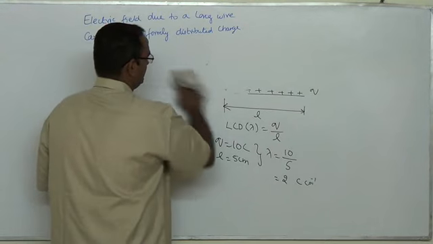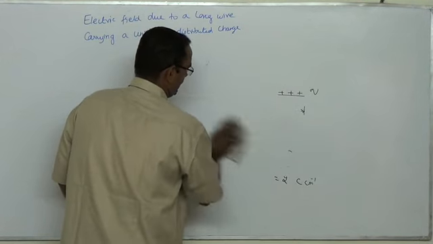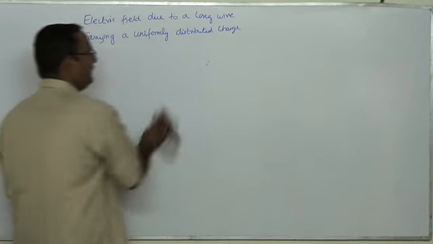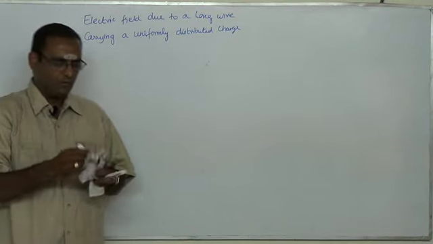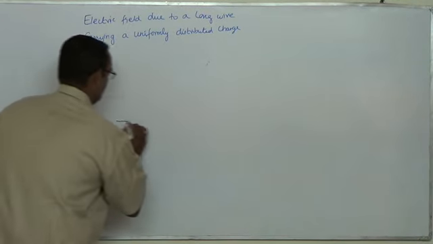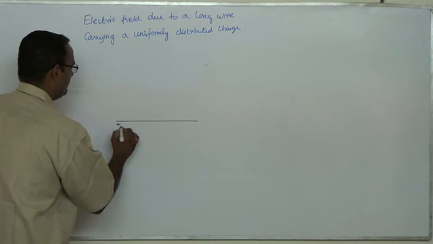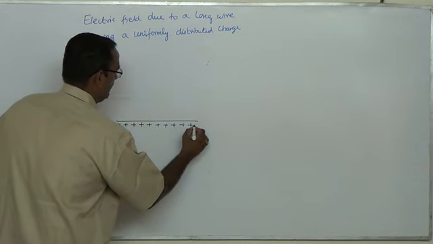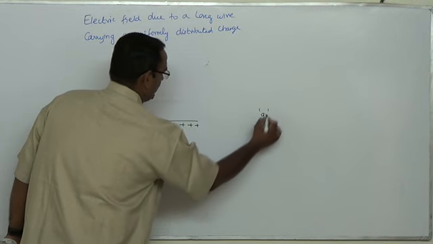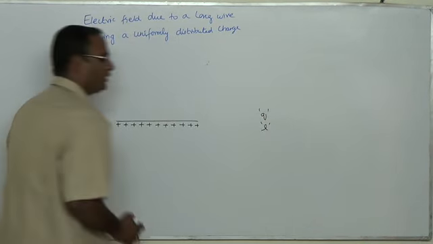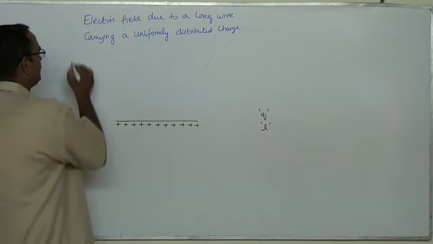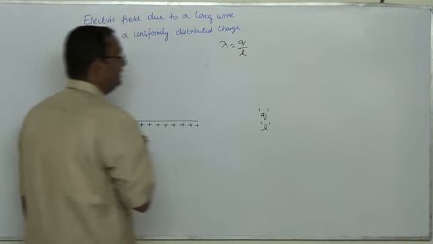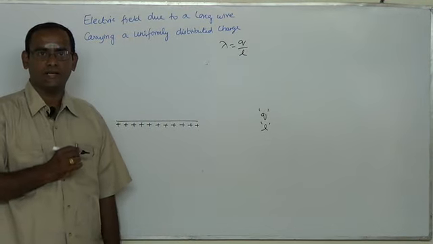Please register that lambda is called linear charge density, which is given by Q by L. Now, consider a wire over which positive charge of value Q is distributed over the entire length L, and therefore lambda is equal to Q by L, which is nothing but linear charge density.